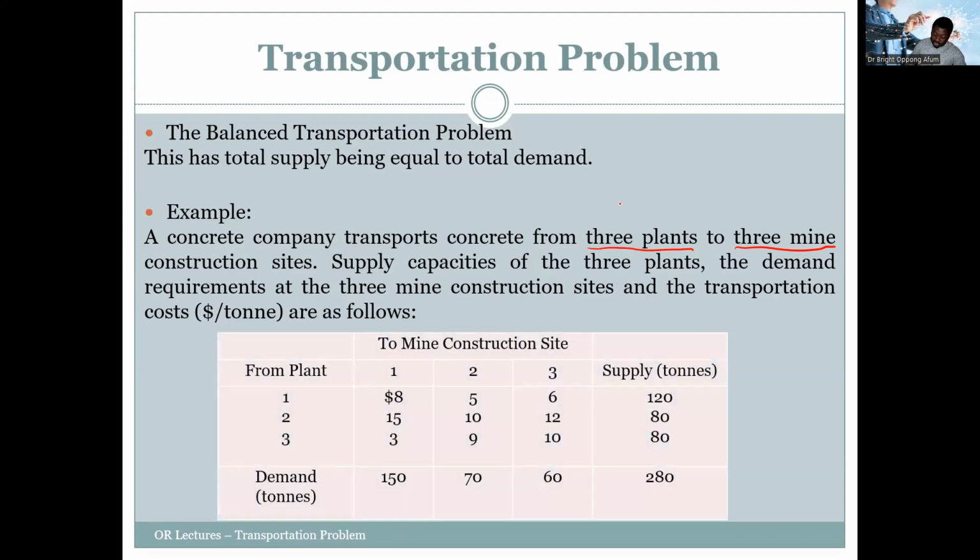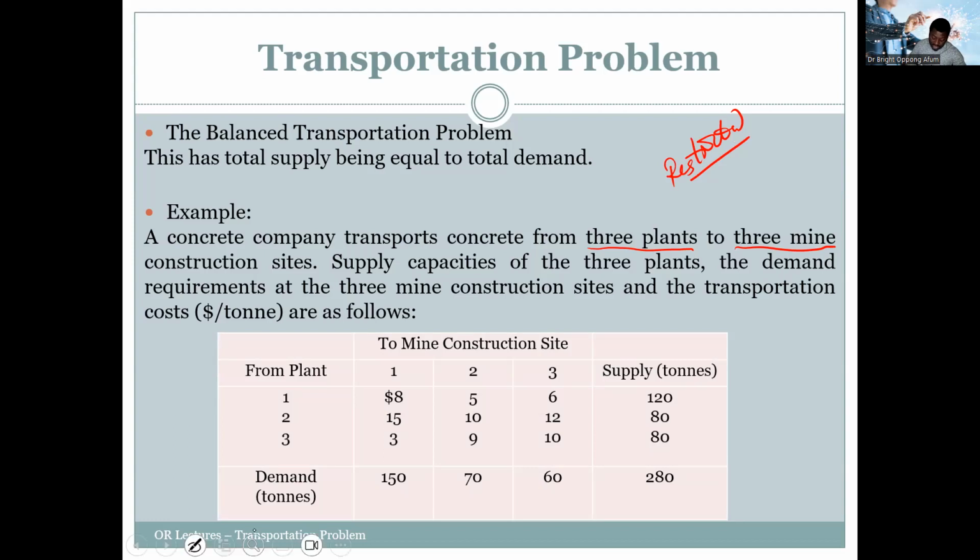Obviously when you see this, you can easily solve this using linear programming, right? However, the special case of the transportation tableau makes the solution faster and better than the simplex method. So that's why we need to look at that.